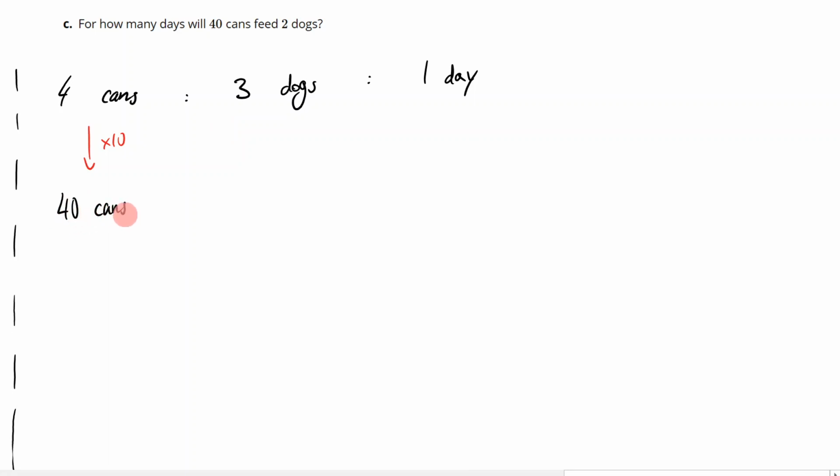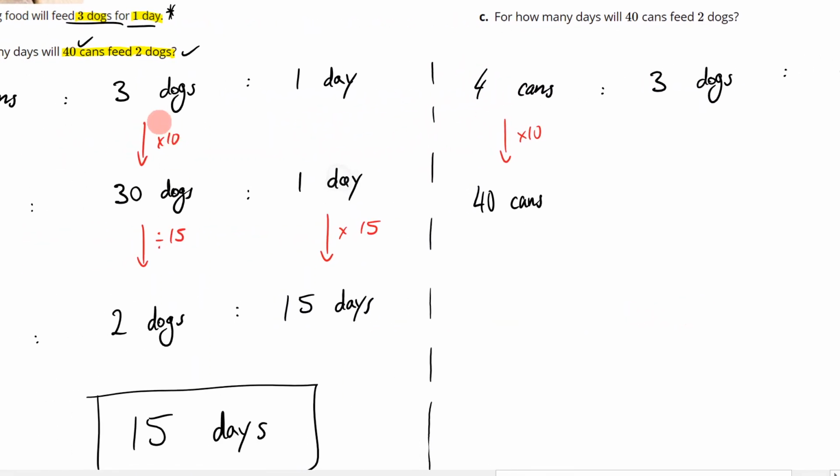But instead of timesing the dogs by 10, what if we spice things up and change the amount of days now? If I have more dog food, I can feed them for more days. So if this is times by 10, this is times by 10. So I'm going to have 10 days here. And this is still 3 dogs.